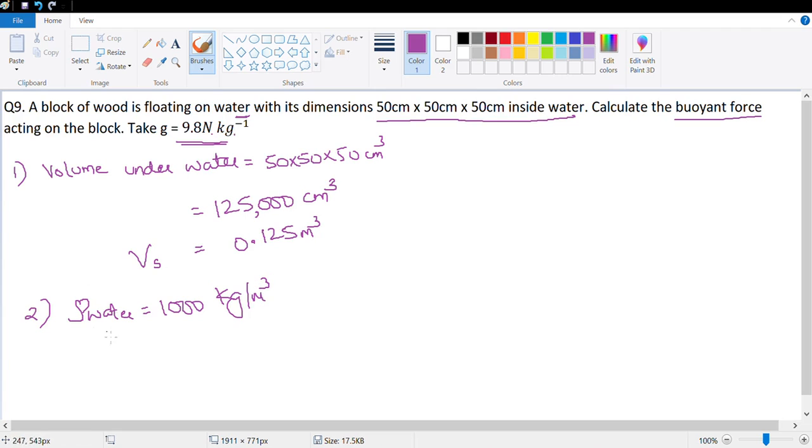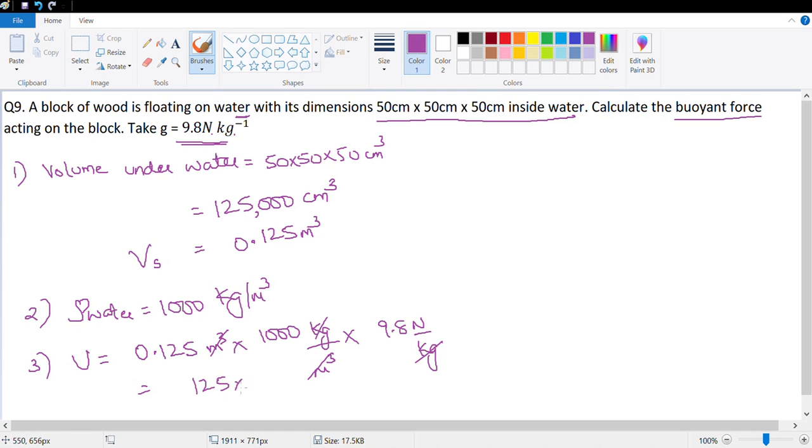Let's calculate the upthrust. So upthrust is equal to volume of solid 0.125 meter cube, multiplied with 1000 kilogram per meter cube, multiplied with g, which is 9.8 Newton per kg. Units: kg, meter cube and meter cube cancel. So that's 125 into 9.8 Newton. Let's just check these three zeros.